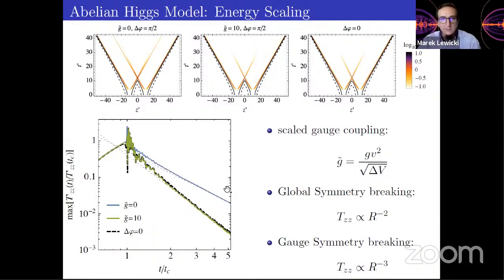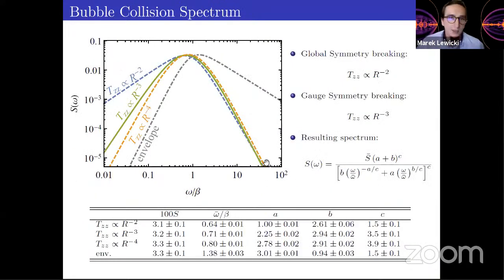evolution. Okay, so knowing this, we just do the calculation again, nucleate bubbles randomly, and just have them scale by what we know from those lattice simulations, and these are the results. Essentially, this is a fit to the spectrum. There are all the parameters, but there are two main points here.